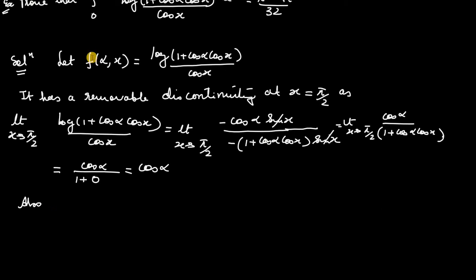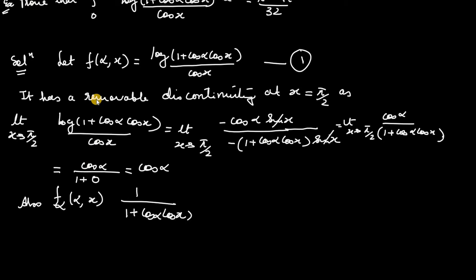Also, now let us find the differentiation of f alpha x with respect to alpha. I can denote this as equation 1. If you differentiate equation 1 partially with respect to alpha, you'll get 1 by (1 plus cos alpha cos x), and cos x will remain in the denominator.